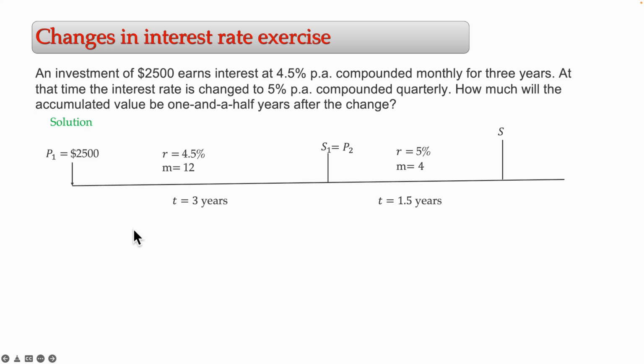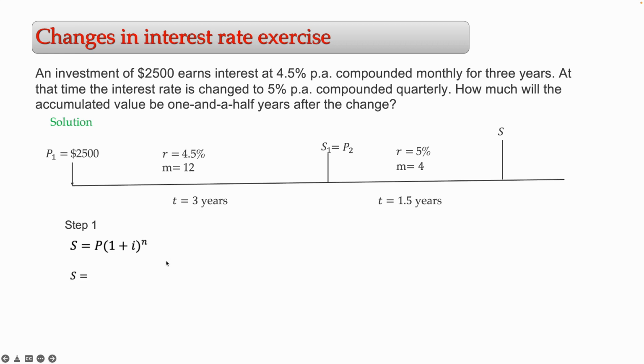So let's do it. This principal was 2,500. As a first step, I'm going to put this as a principal and find this future value. I'm going to use the formula of the future value. To compute i, this i will be 0.045 divided by 12. The principal will be 2,500. And the time will be 3 years, so n will be 3 times 12.